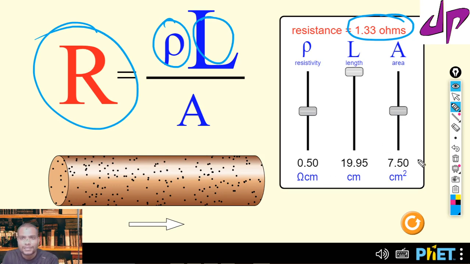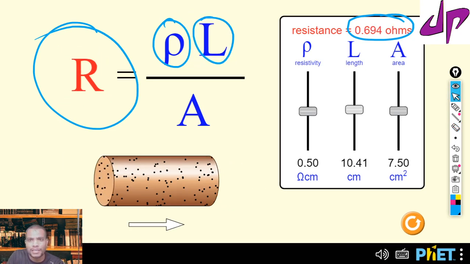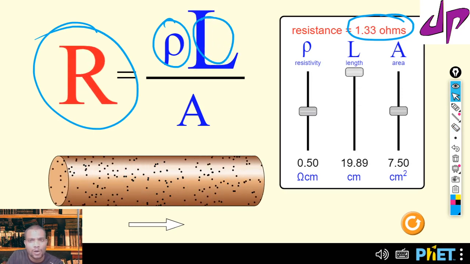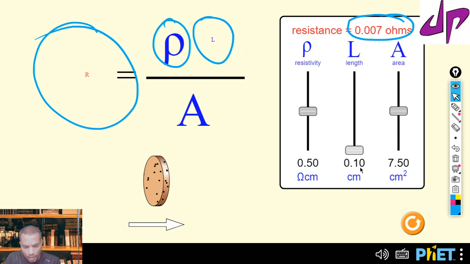Suppose we take a 0.5 ohm centimeter resistivity material, a material which has this much resistance. Now if you play with that material's length, if you increase and decrease the length, the resistance also changes.